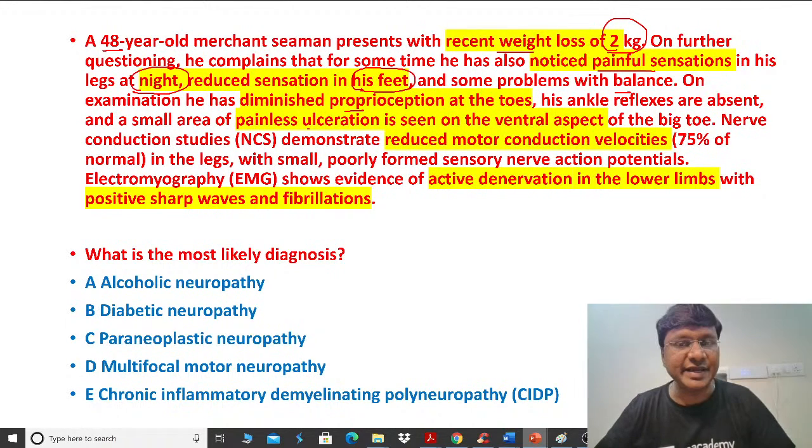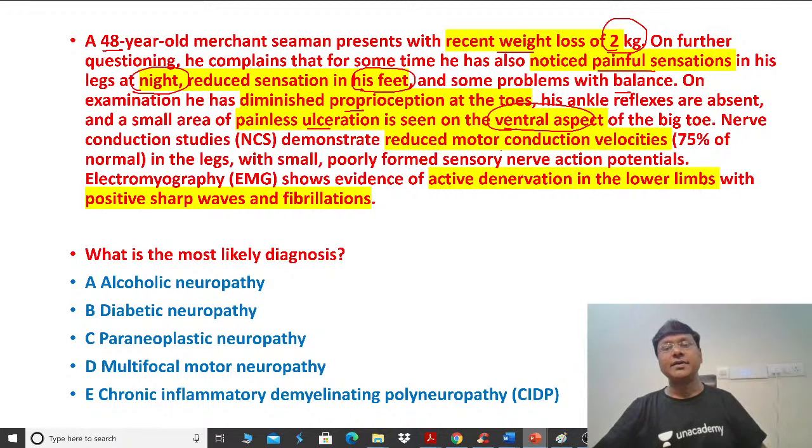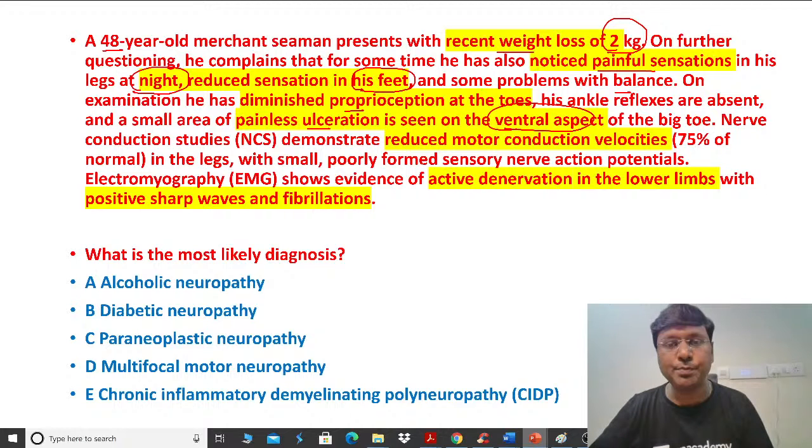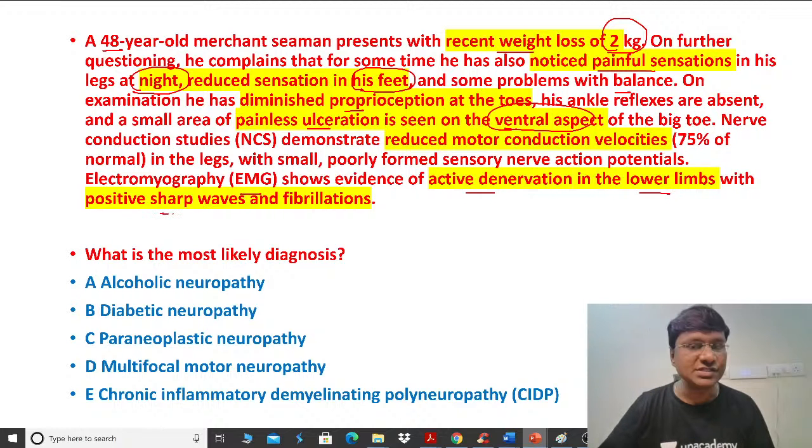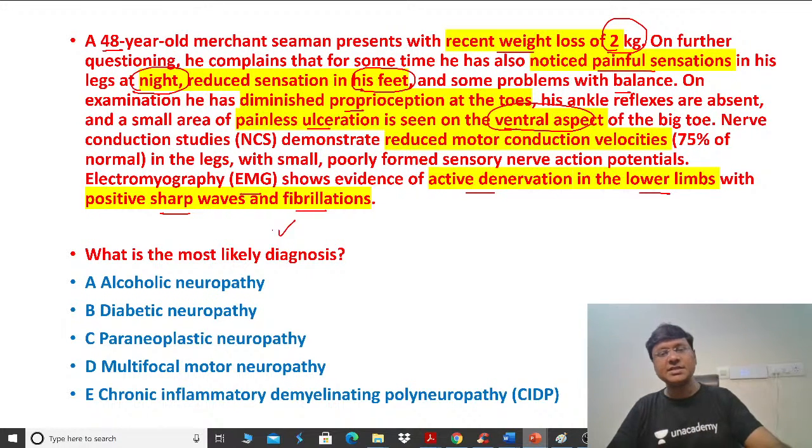Painless ulceration is seen on the ventral aspect of the big toe. Nerve conduction studies demonstrate reduced motor conduction velocities in the legs with small, poorly formed sensory nerve action potentials. Electromyography shows evidence of active denervation in the lower limb with positive sharp waves and fibrillations. So what is the most likely diagnosis in this particular scenario?